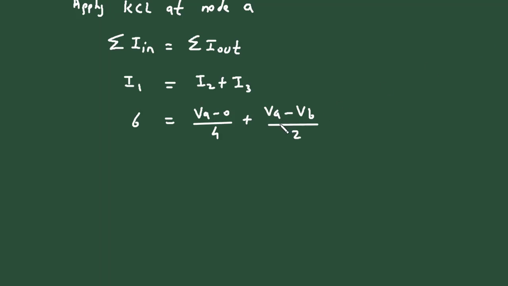Now let's simplify this. So it will be 6 is equal to VA by 4, then plus VA by 2 minus VB by 2. Now if we take this VA common, it will be VA in bracket 1 by 4 plus 1 by 2.